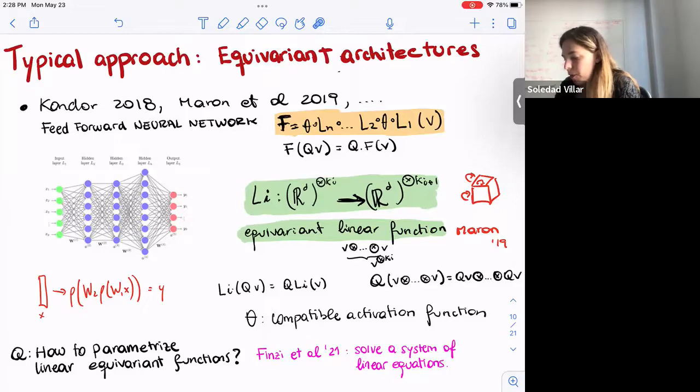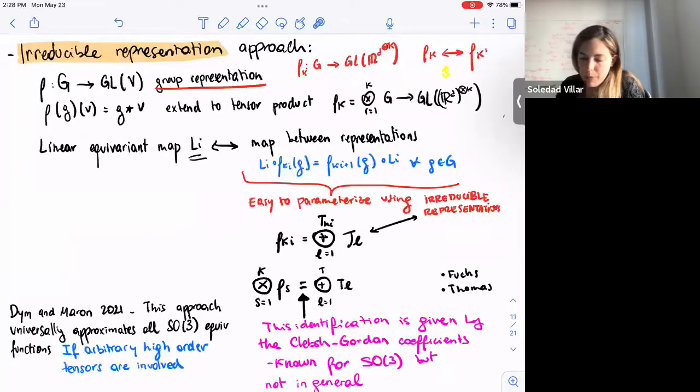Another way people do that is by using irreducible representations. The idea is that the linear equivariant maps are in one-to-one correspondence with the maps between representations. So if they can write the representations of the group in terms of irreducibles, then they can use that to parameterize all the maps between the representations.